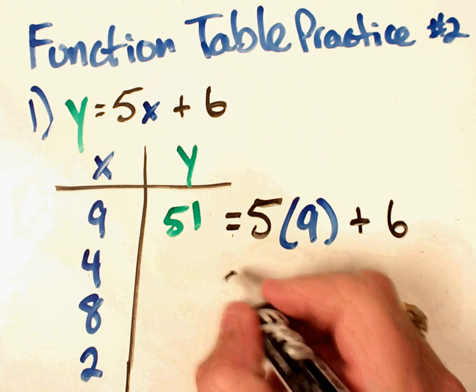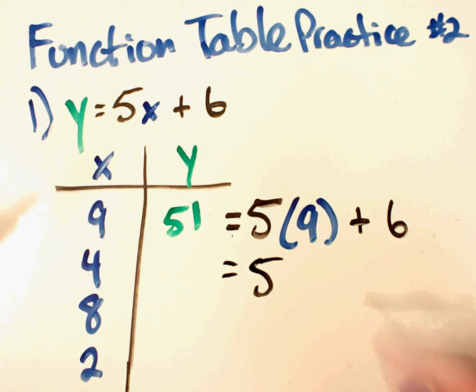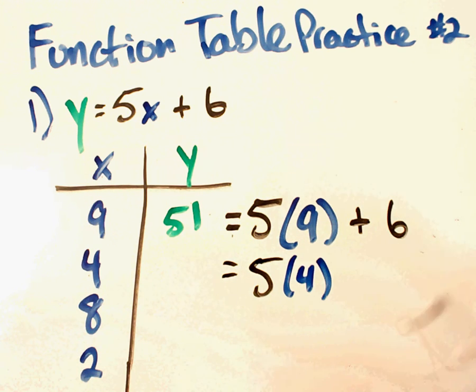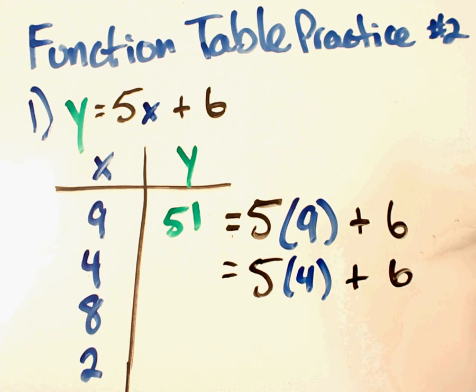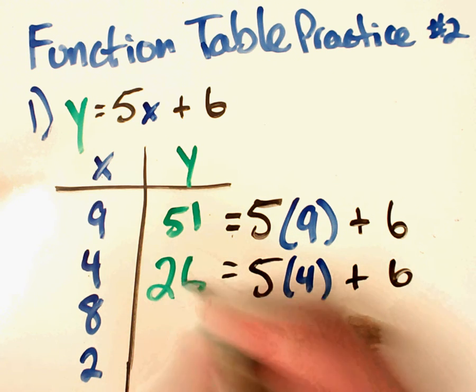For my next one, we've got 5. We're going to substitute 4 for x plus 6. So we've got 5 times 4 gives me 20, plus 6 gives me 26.